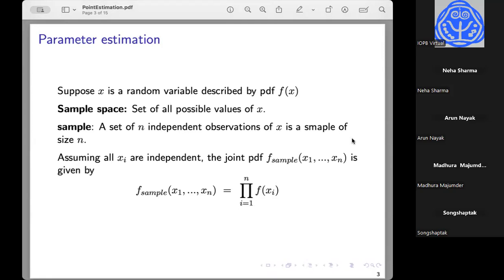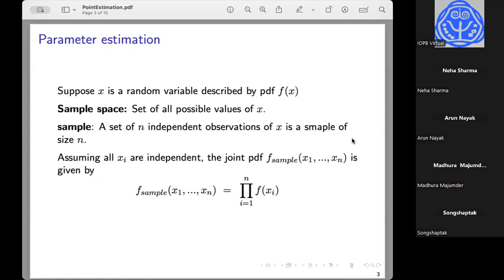Now a sample, or data sample, is basically a set of n independent observations. So when you perform some repeatable experiments, you have independent observations of the variable of your interest, and this is the set of all these observations. We call it a sample of size n.